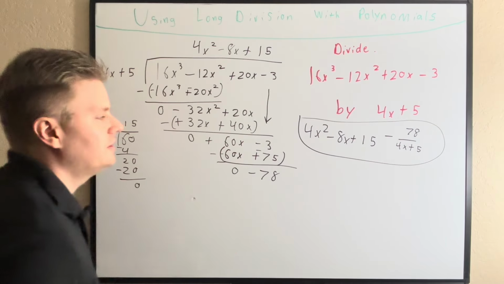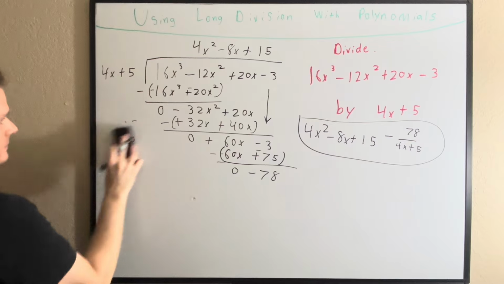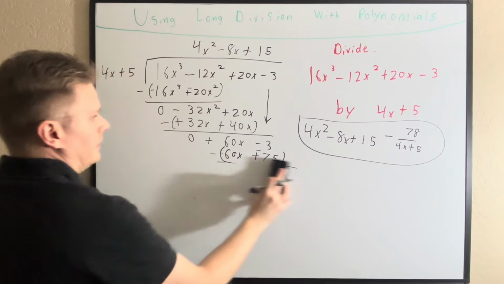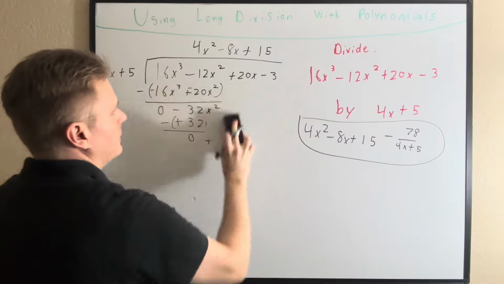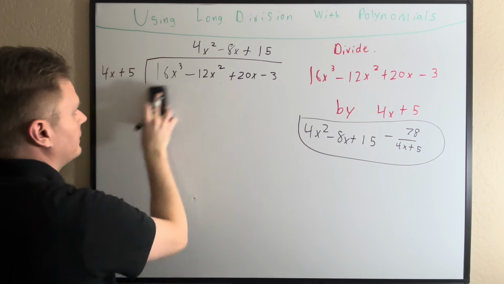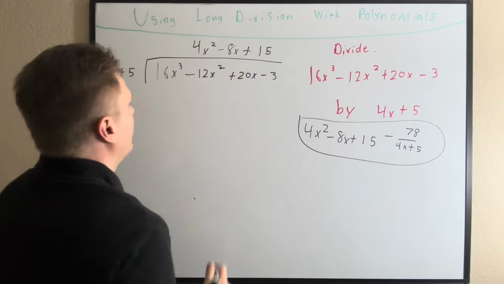But wait, we need to check our answer to make sure we did that right. I don't know, that was a lot of numbers I just did there. So, let's just erase all that work we just did. Ugh.